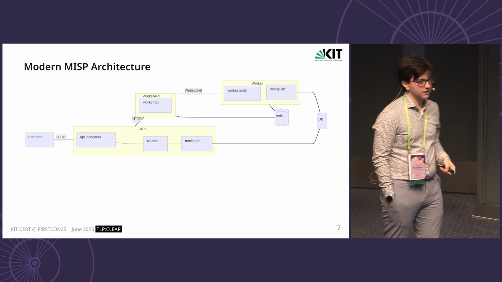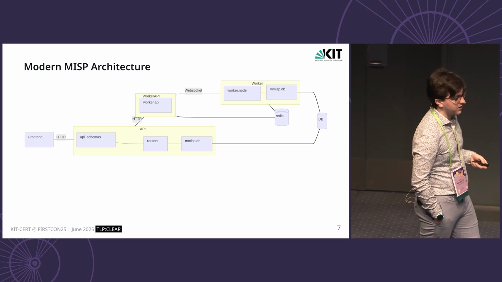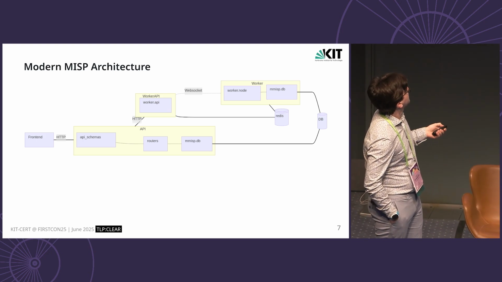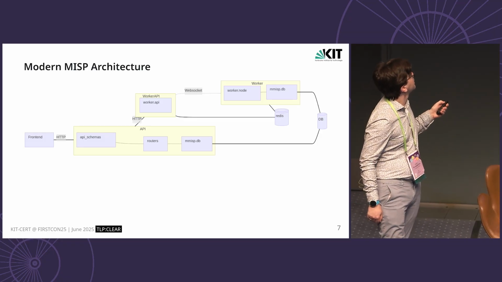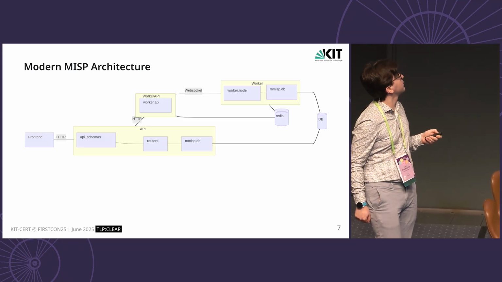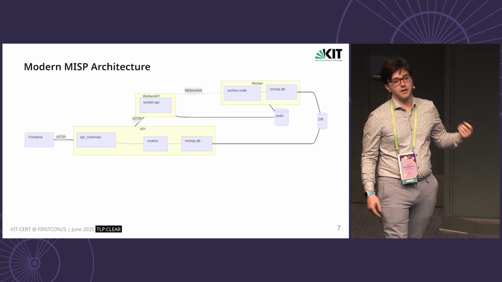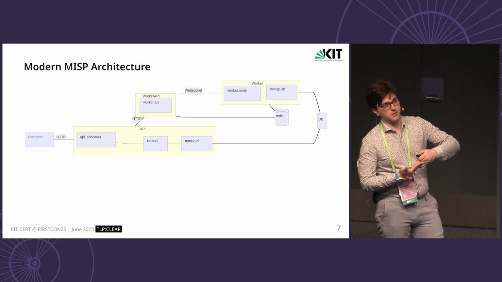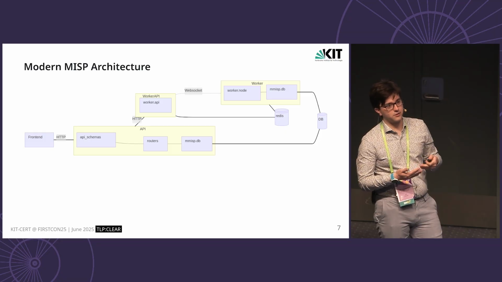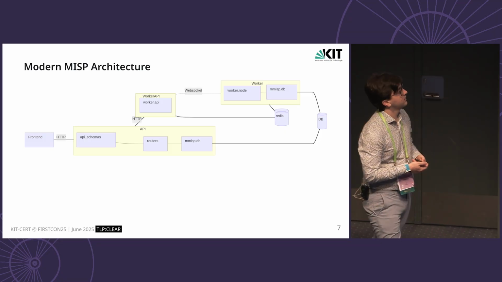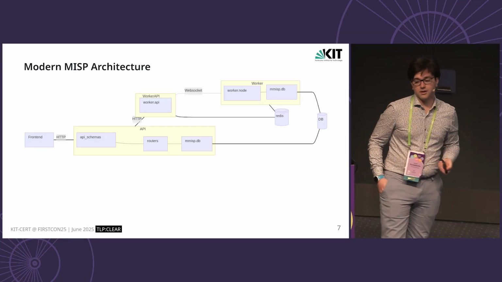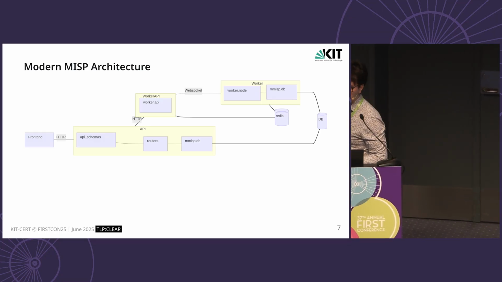So let's start at the data. The database schema stays the same, I already said. But we introduced some Python packages. The Modern MISP DB package has some certain types. For example, MISP often stores datetime as integers in the database, but we wanted to use datetime objects for our own sanity.